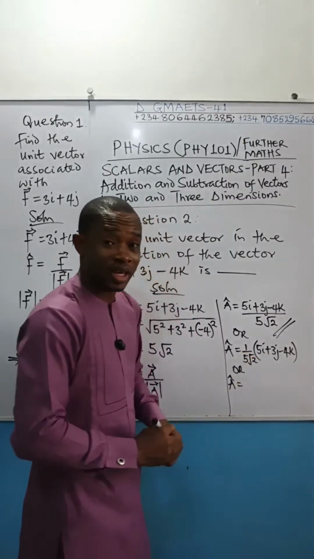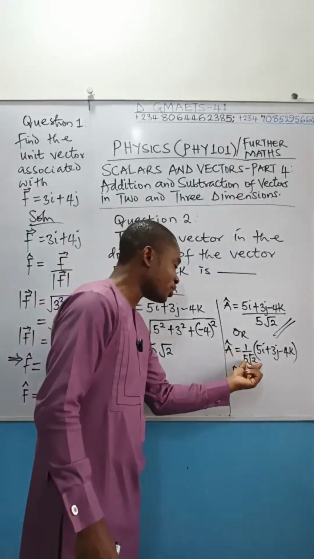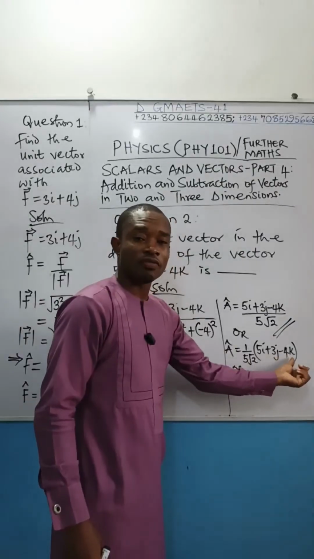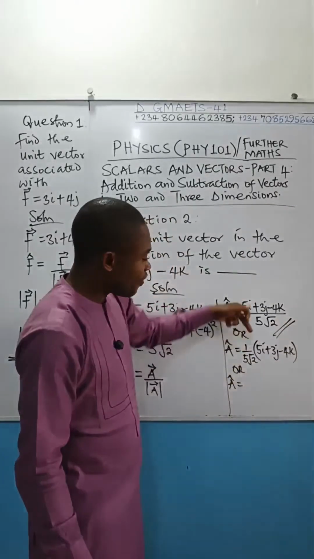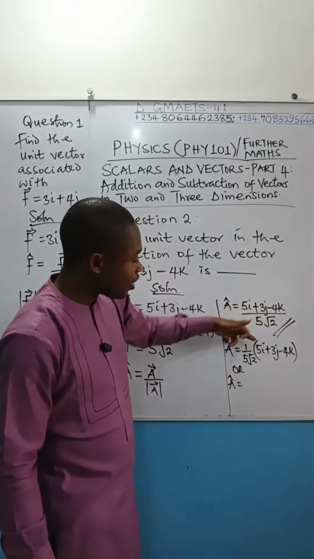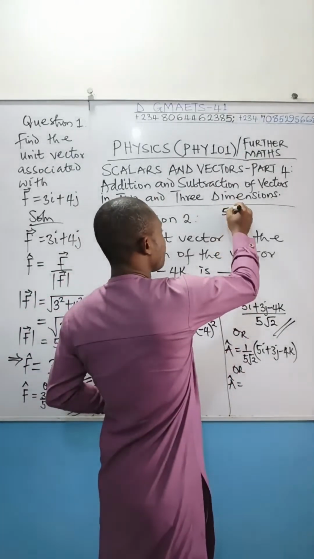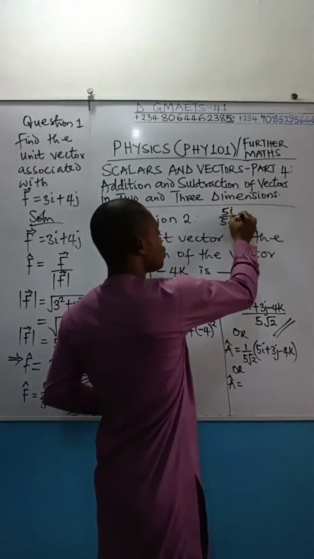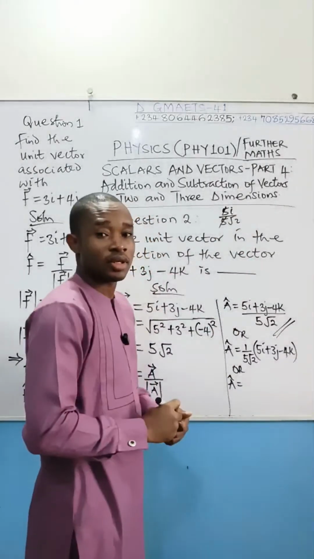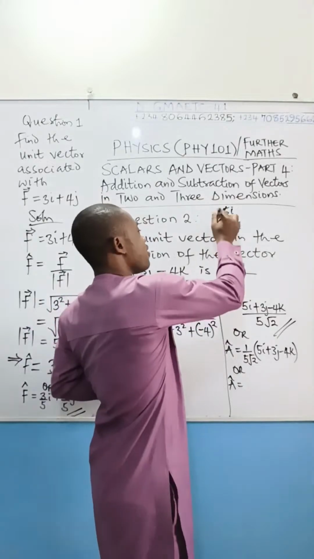Or we could still rewrite the result as follows. Watch something now that I want to show you, because I want to distribute this 5 root 2 to each of the numerators. If I have 5i over 5 root 2, you agree with me that the 5 will cancel. This and this will cancel. This will now be 5 divided by 5, you have 1.